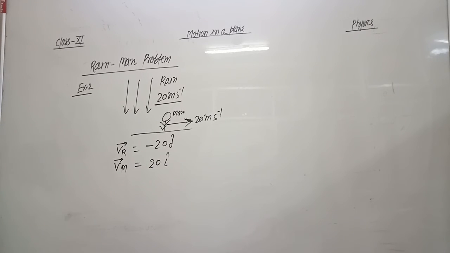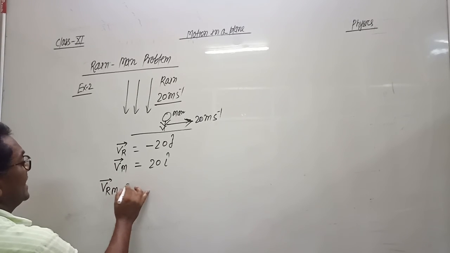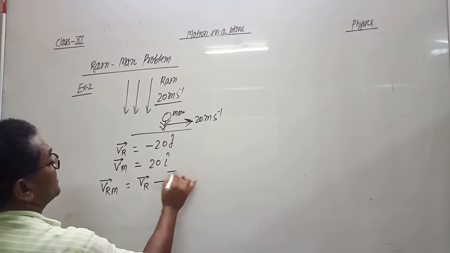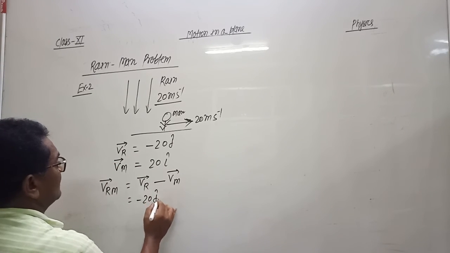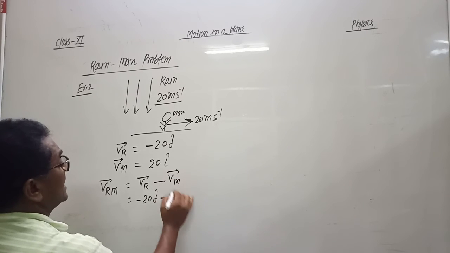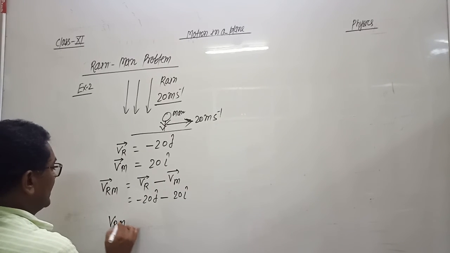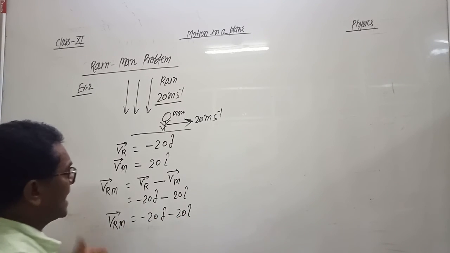The relative velocity of rain with respect to man is the velocity of rain minus the velocity of man. So it equals minus 20 j cap minus 20 i cap.